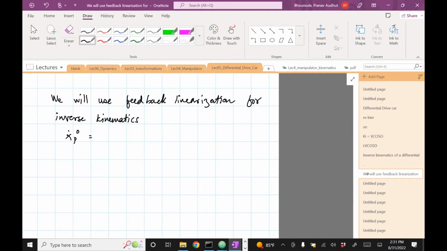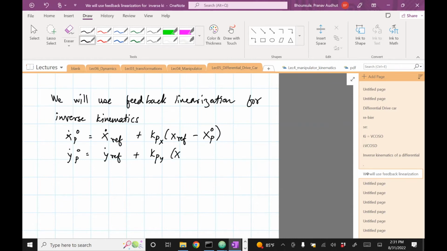We just write this as x dot ref plus kp times (x ref minus xp0). Let's call that kpx, and then y dot p0 is y dot ref plus kpy times (y ref minus yp0).